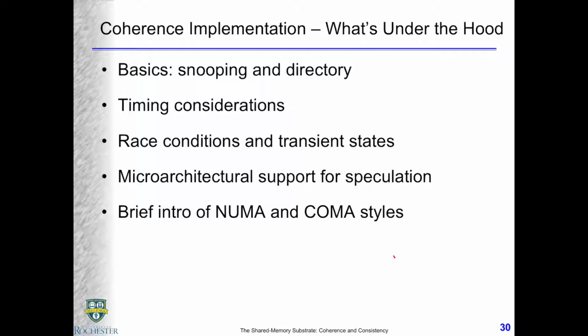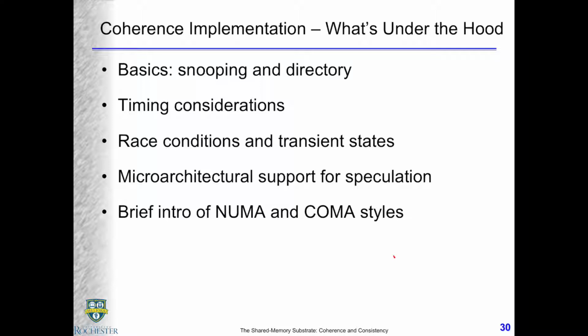And then there are all these subtle issues to consider: the timing, race conditions, transient states, and speculation. Don't forget your underlying microarchitecture may be a heavily speculative executed design. And we'll also get into a little bit about the notion of COMA style design.